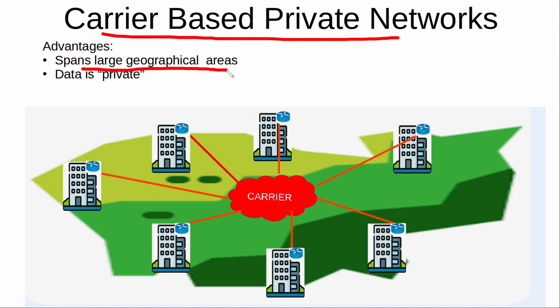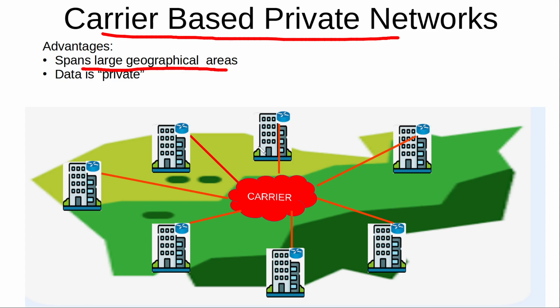For instance, if your enterprise has several remote offices scattered across one country, using a carrier-based private network makes sense because the carrier spans large geographical areas.